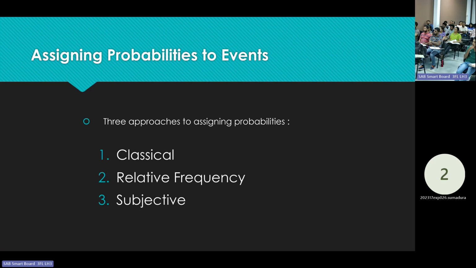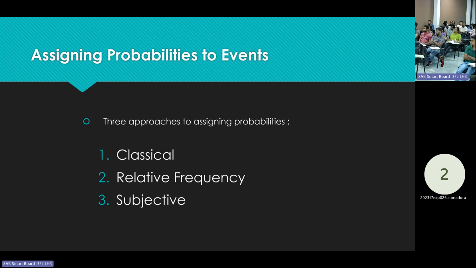So you have started a new business, you don't have data, but still you want to identify the chance of making a profit. A person with knowledge of probability, by looking at various aspects of your business, with his experience, will come up with the value. That is called the subjective approach.